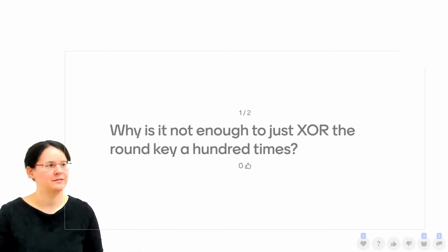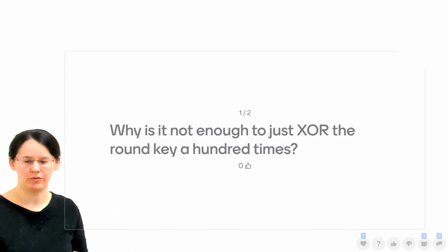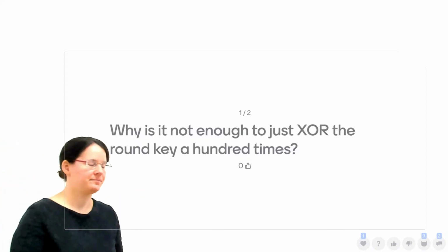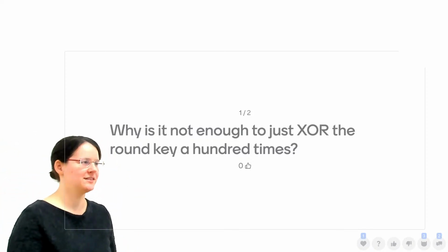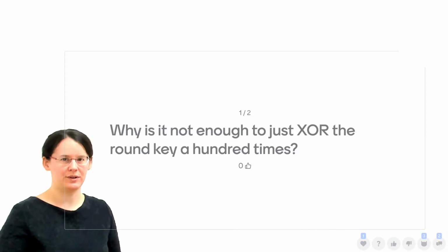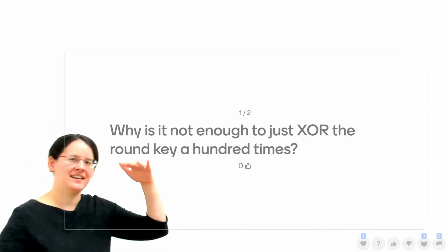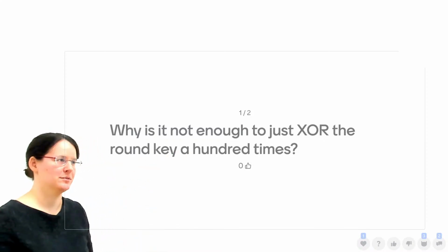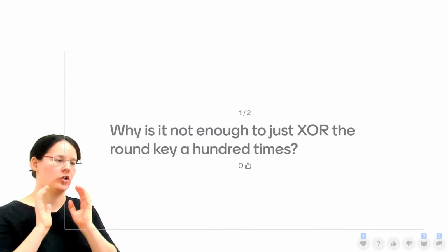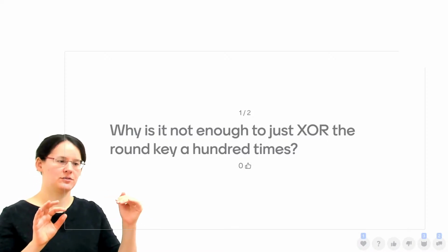On the other hand, if I have a really complicated function for the round keys, then your concept actually goes in the direction of a different way of building ciphers, namely so-called stream ciphers. What does a stream cipher do? It doesn't exactly XOR a round key 100 times, but what it does do is it takes the input key and it computes a complicated function of the input key and XORs that to the message.